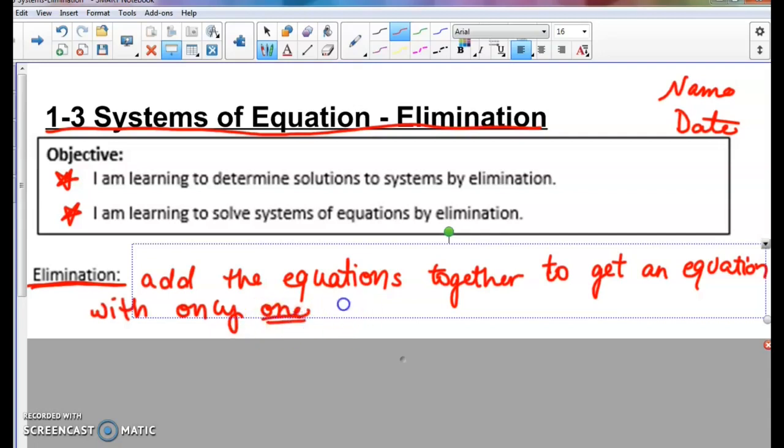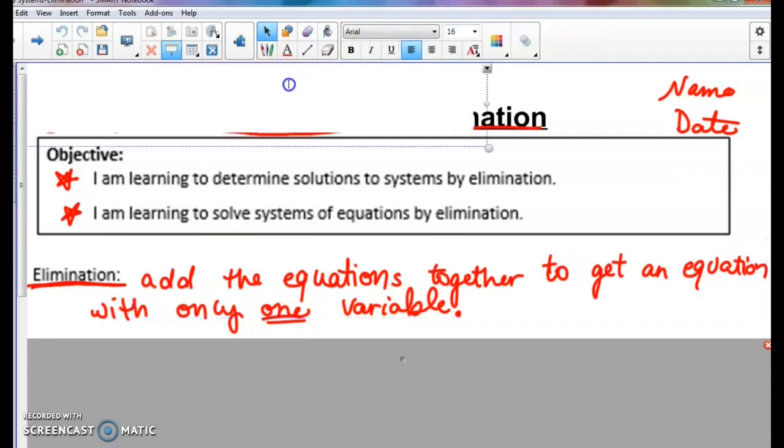That's the keyword, one variable. So the key to it is to eliminate one of those variables. So that's why it gets its name elimination, because the way we get one variable by itself is to eliminate another one.